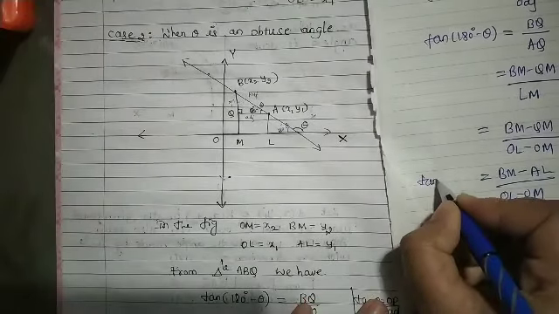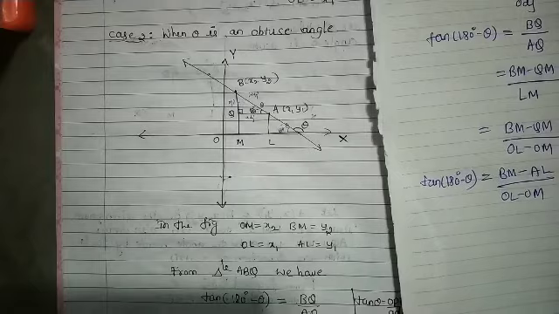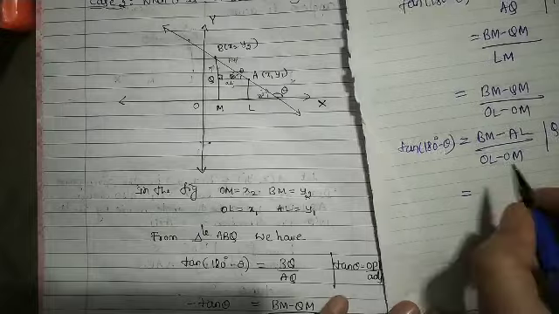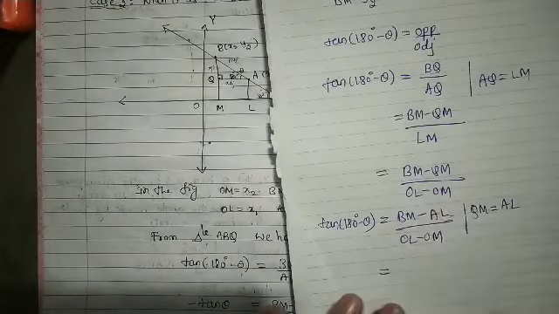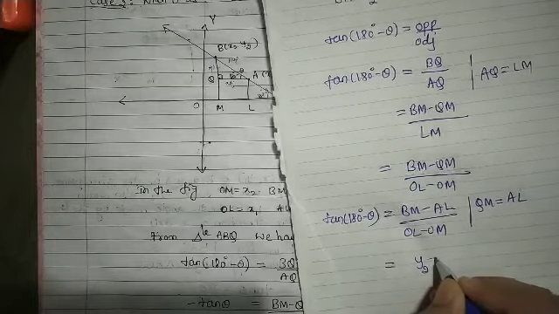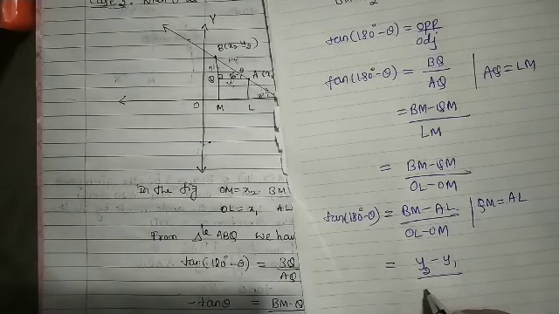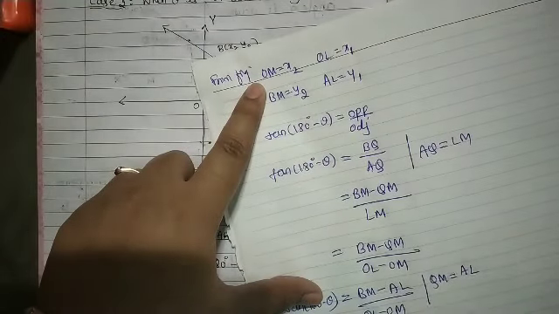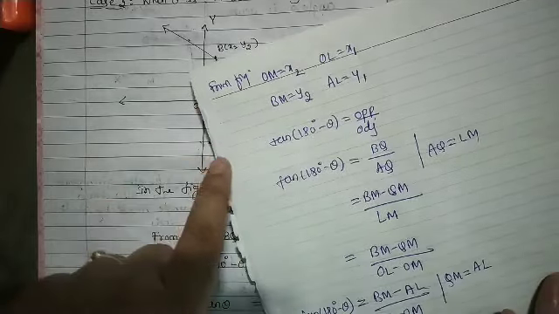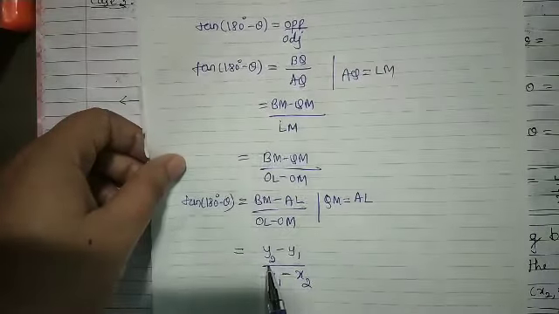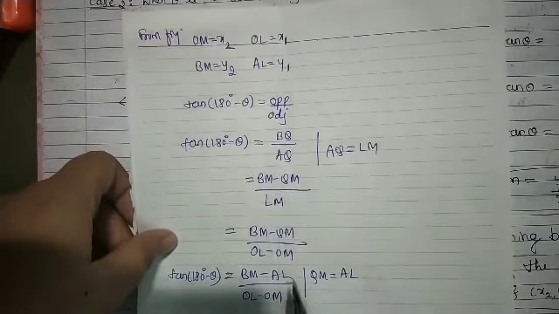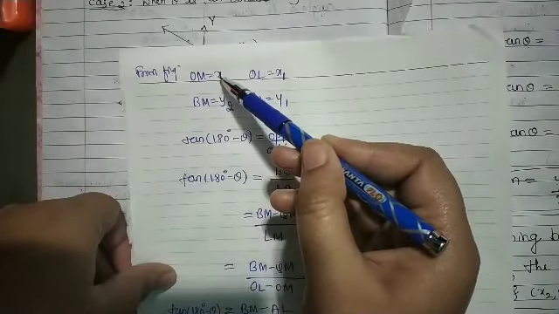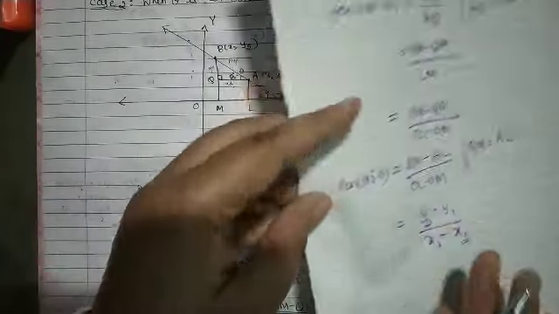So the left side is tan of 180 degree minus theta, which is equal to, distance BM is y2, distance AL is y1, distance OL is x1, and distance OM is x2. Therefore we got this one.